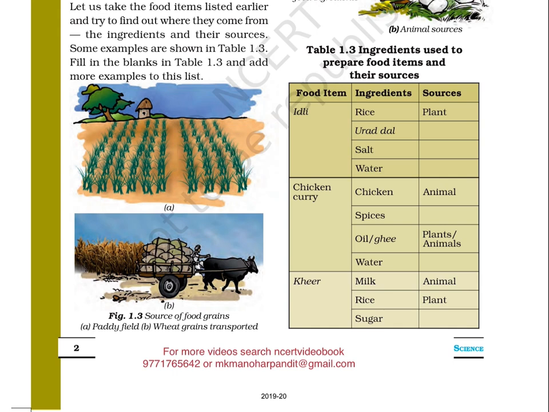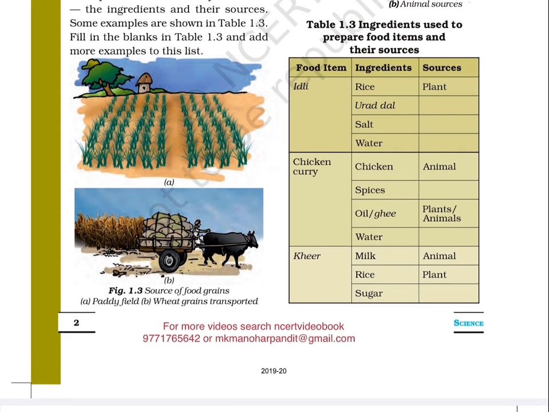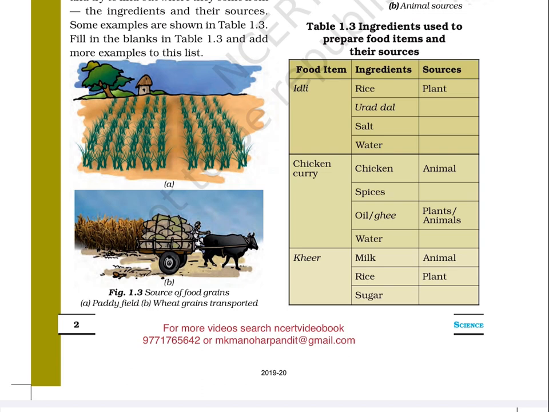Sources, blank. Ingredients, oil or ghee. Sources, plants or animals. Ingredients, water. Sources, blank. Ingredients, milk. Sources, animal. Ingredients, rice. Sources, plant. Ingredients, sugar. Sources, blank.